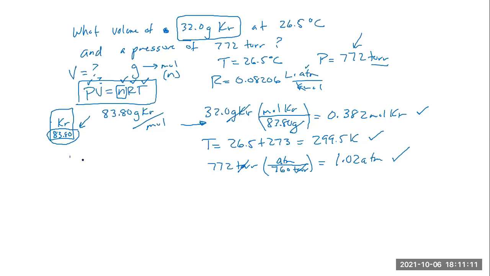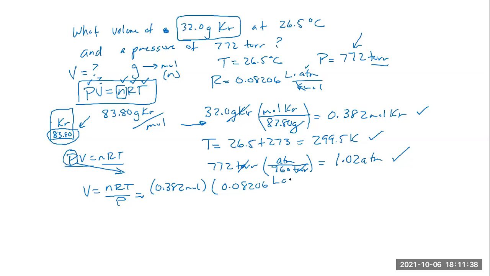PV equals nRT, and although it's not a fraction, you could think of it as one. We send pressure to the bottom, which gives us volume is nRT over P. Putting in our numbers now, 0.382 moles. Again, R is a constant, so you always have this number.